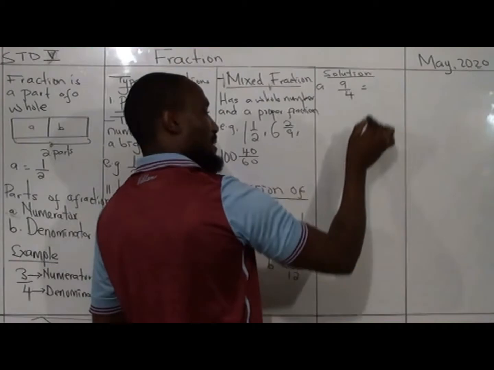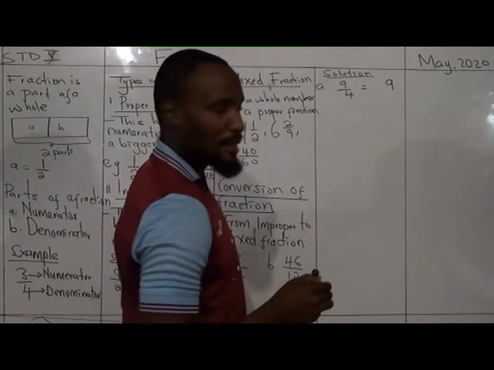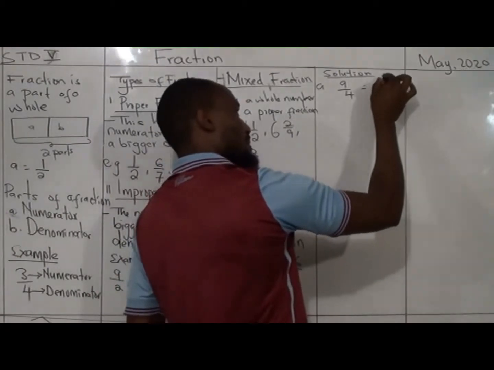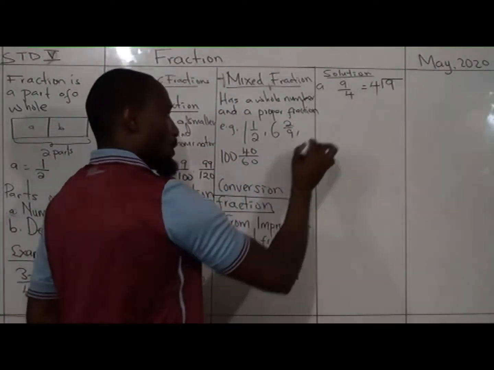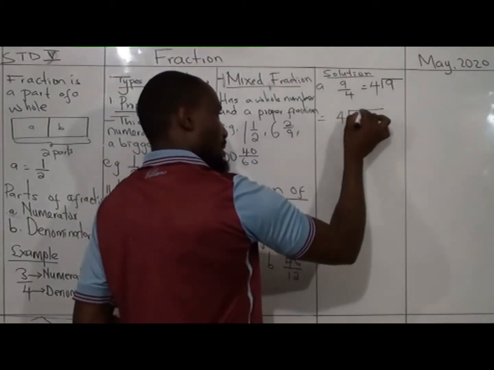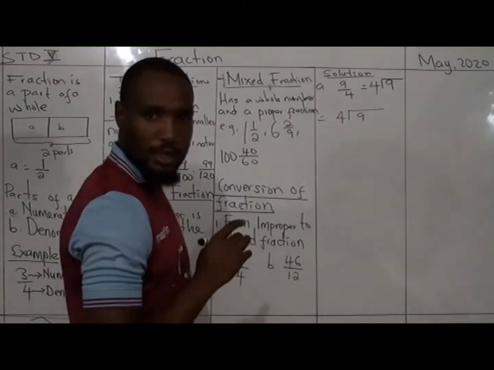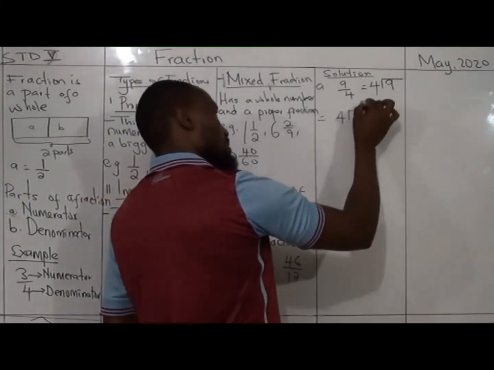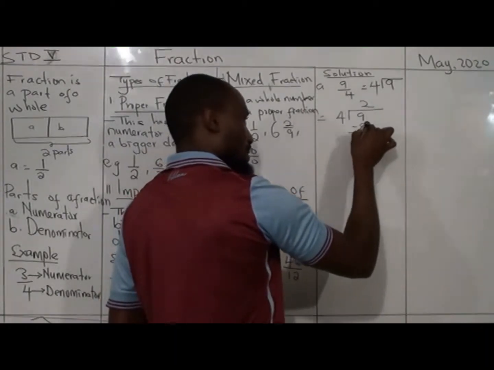Then I'll say 9 as my numerator divided by 4 as my denominator. So we come here, we do it. 9. How many times does 4 go into 9? It goes there 2. 2 times 4, 8. You subtract to get 1.